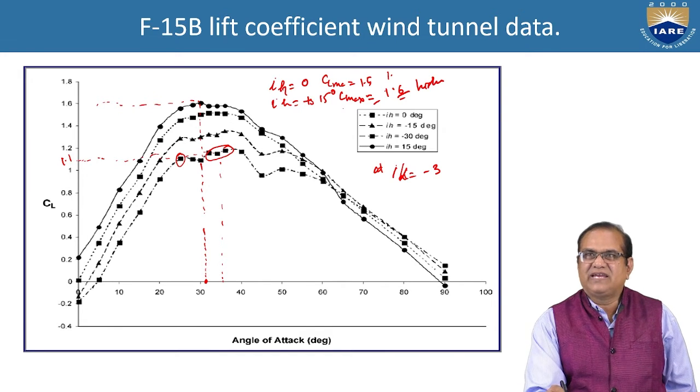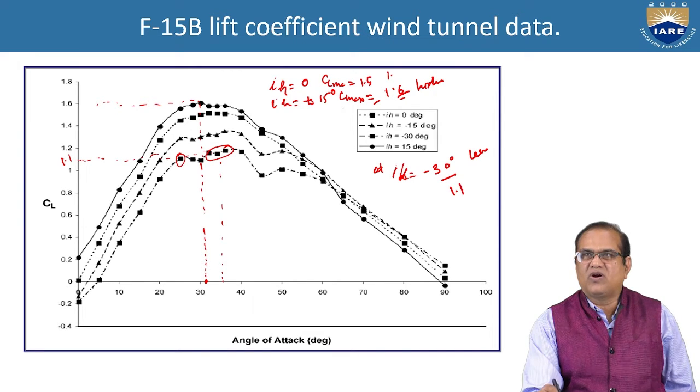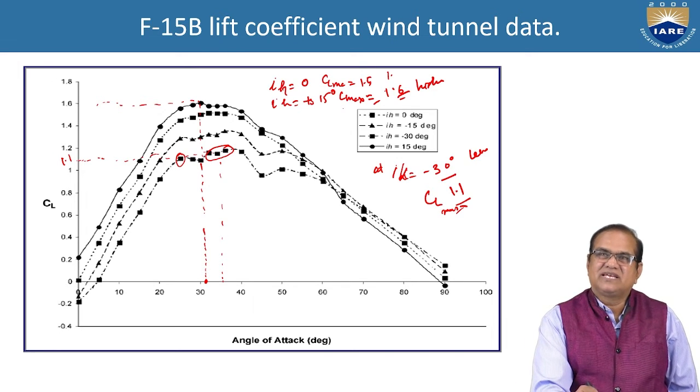And when it is minus 30 degrees, you are going to get the least CL, and it is somewhat 1.1 CL max. Okay, but if you see, the stall angle of this is reducing.